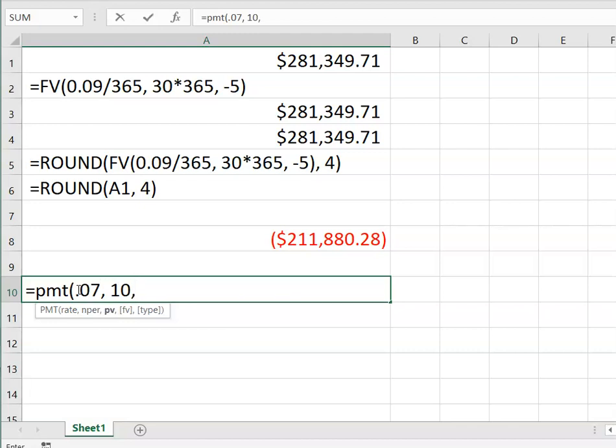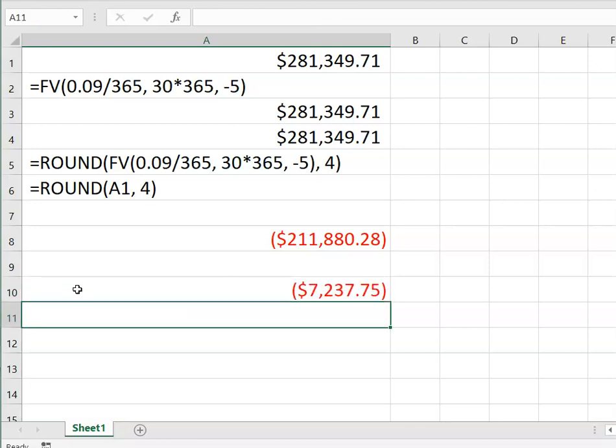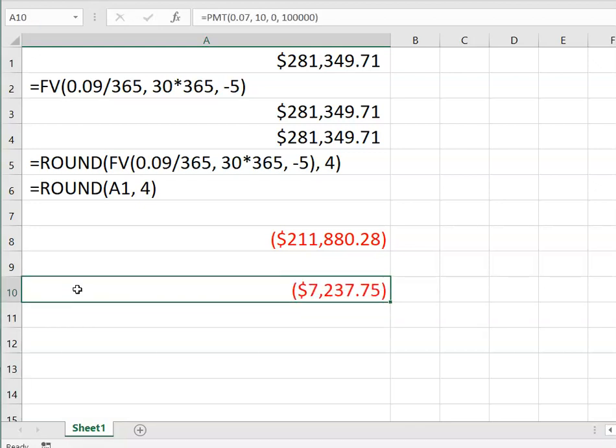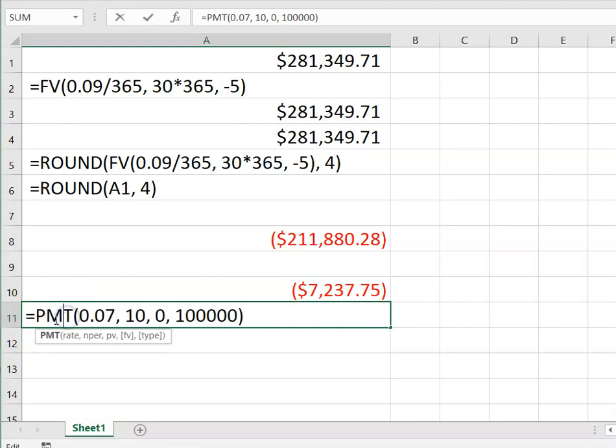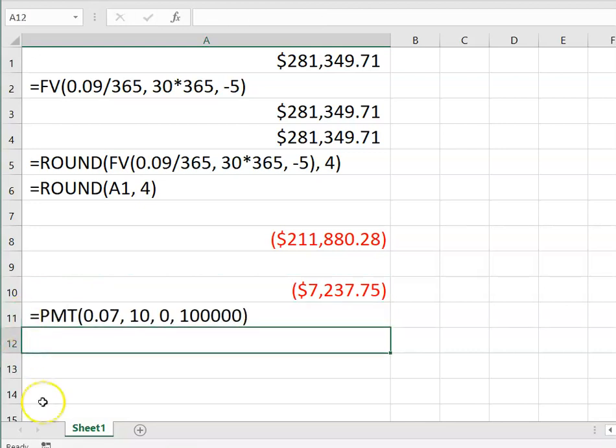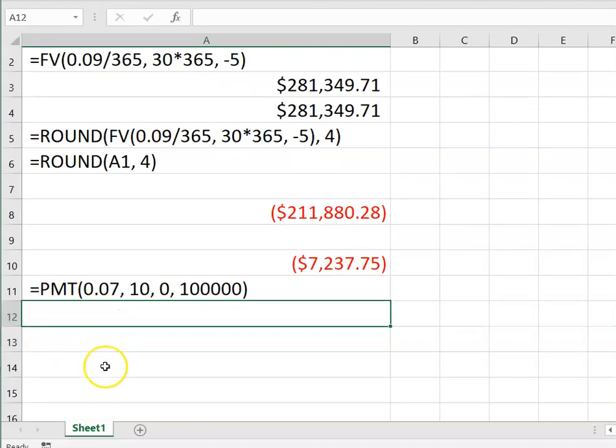I have no money to start with, so I'm going to put a 0 in there. Don't forget that. And in the future, I want to get $100,000. I have to put in $7,000 a year. Remember, negative as you put them in. Again, if I made that a negative, this would come out positive. You could also put a negative sign in the beginning here. That would turn it to positive.